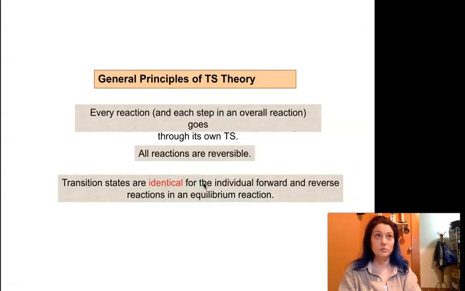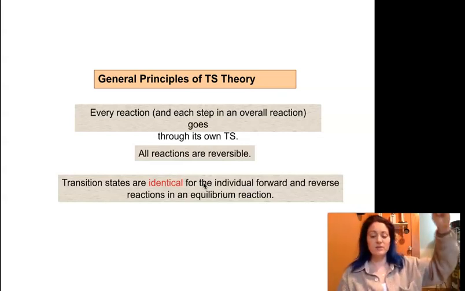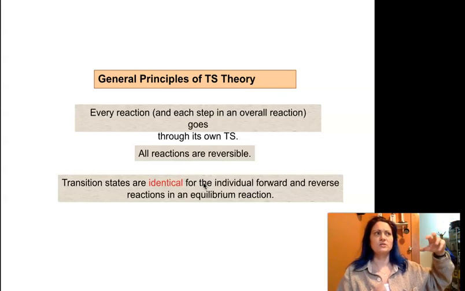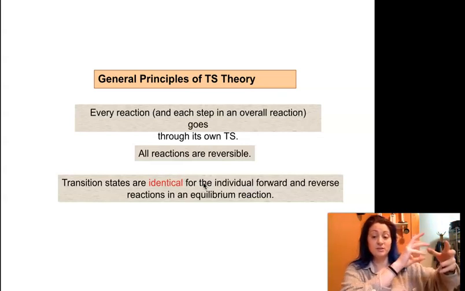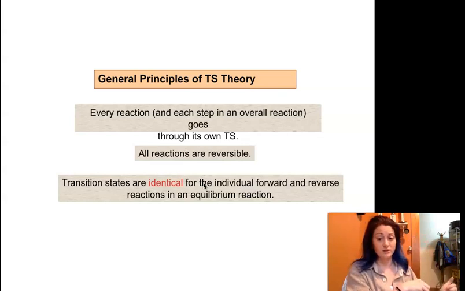In fact, almost always that is not the case. The reason for that is because if you're going in different directions, while you may be reaching the same transition state, you're starting with different materials. So in one direction, that collision may be much more favorable than in the other direction. And that will affect the speed at which these reactions proceed. And that's the whole basis of kinetics.